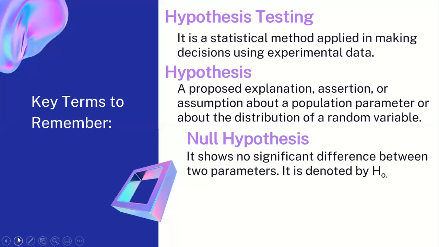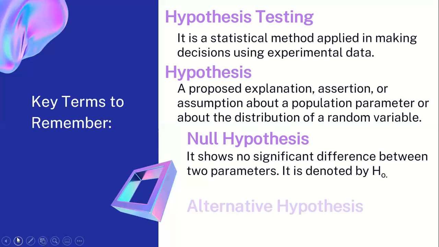Okay, so that's our notation. So let's say, for example, you want to state with regards to the height of male and female students of senior high school: there is no significant difference between the heights of male and female senior high school students of Quezon National High School. That is one way by which we can state a null hypothesis.